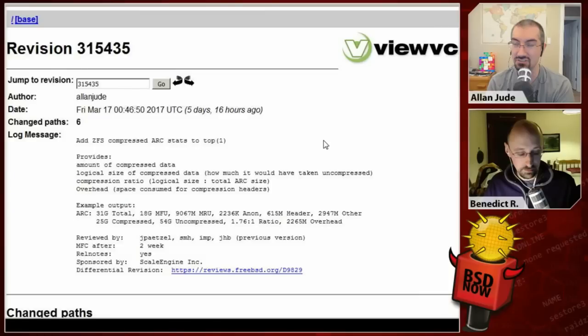On my build machine, where I have many copies of ZFS checked out and so on, I currently have 54 gigs of data in my ARC, but my ARC is only using 32 gigs of RAM. Meaning I'm getting a 1.76 to 1 compression ratio.